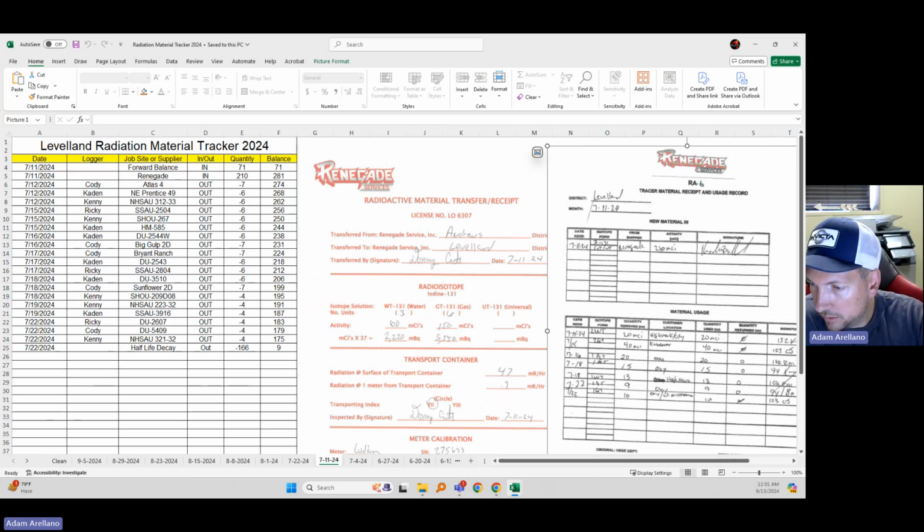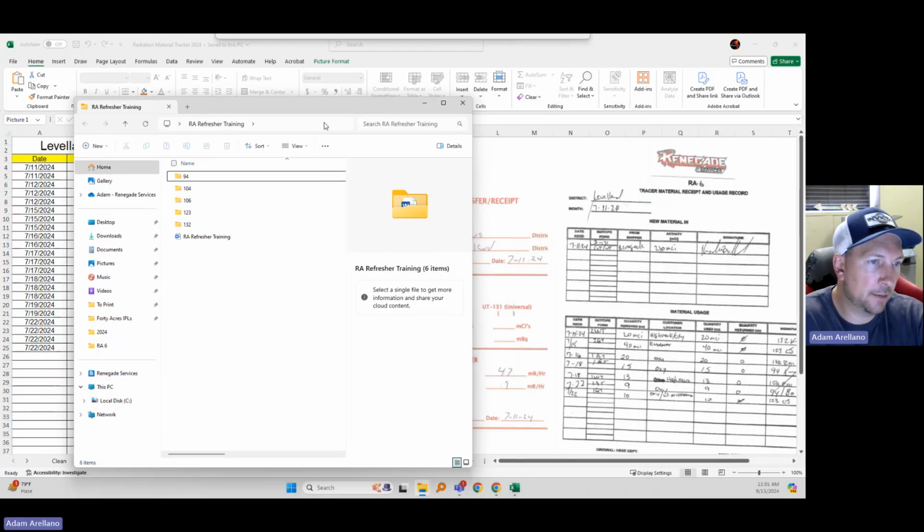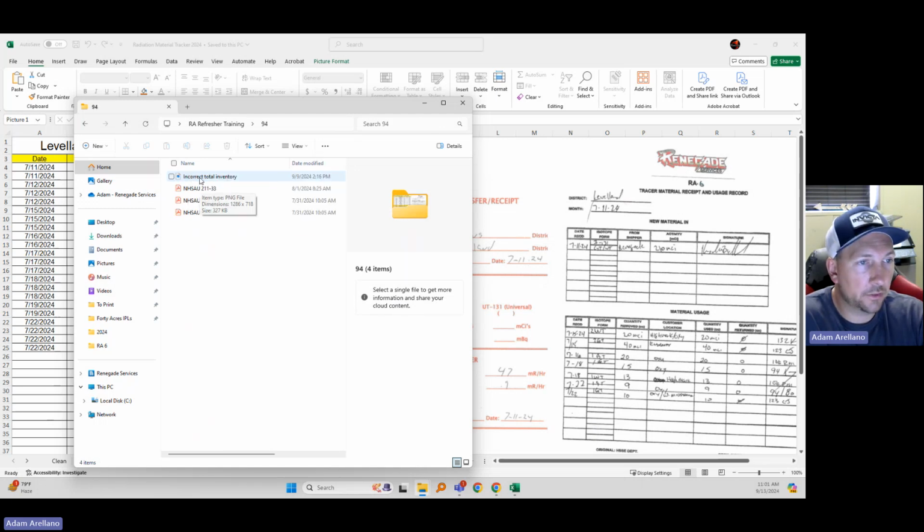But let me go through. I have a folder here with examples from each truck showing something I want to share with you in this meeting.